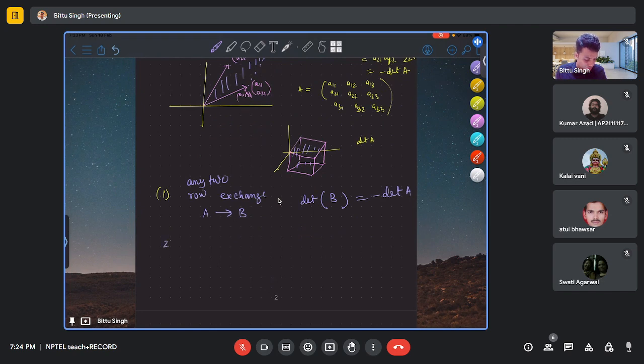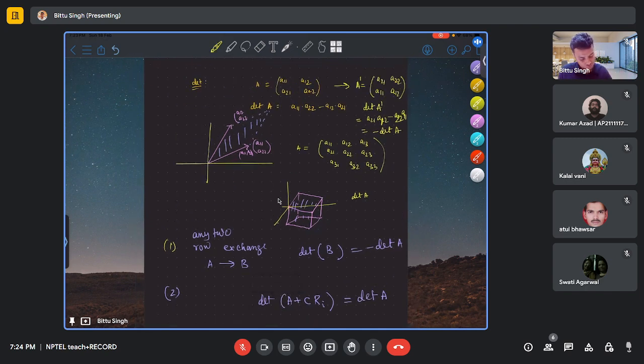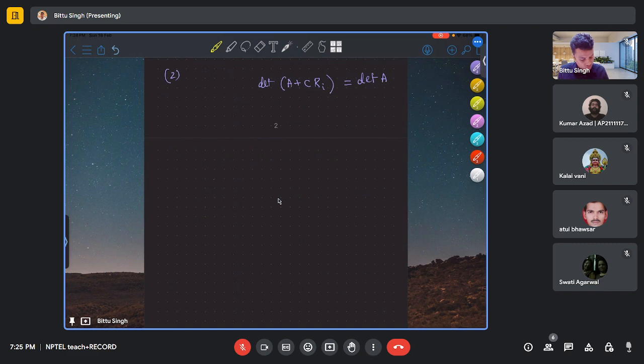There is another property, which says the determinant of A plus C times some row remains the same. Suppose Ri denotes a row of this determinant, and you add C times Rj to Ri. Then this will be the same as the determinant of A. How can you see this?